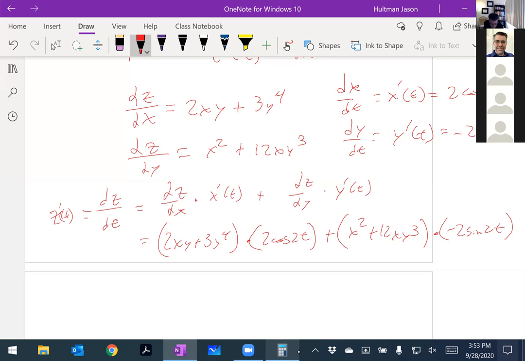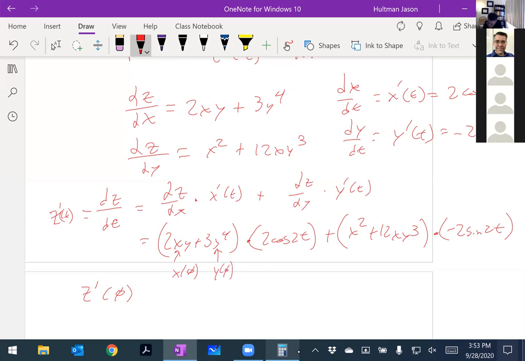However, we know that the end result is that we just want z prime of 0, which is going to make some things nice here. If z prime of 0, then this x is really x of 0 when t is 0, and this y is really y of 0.